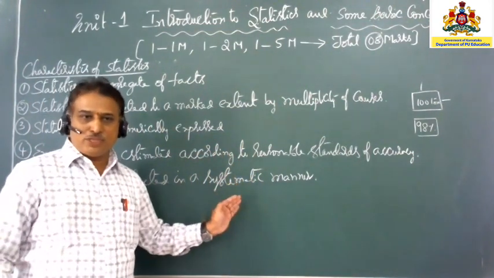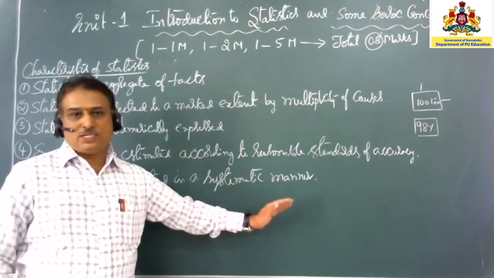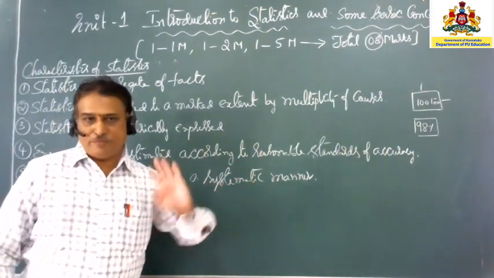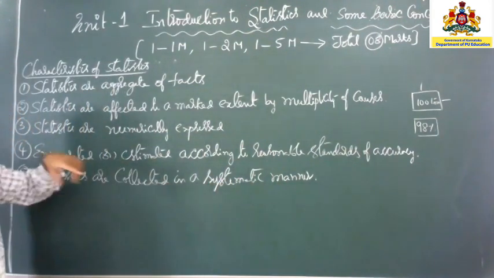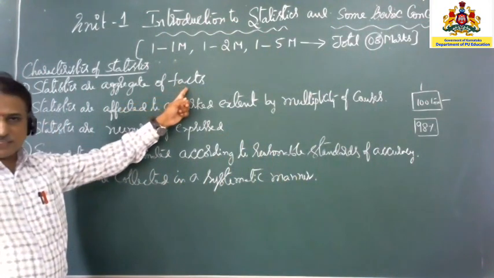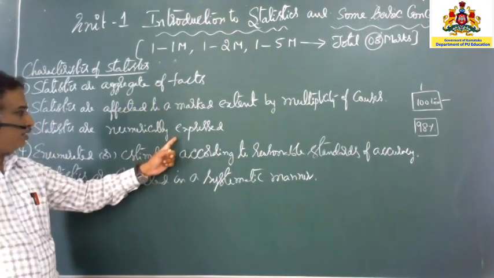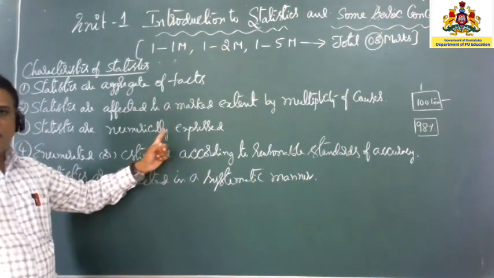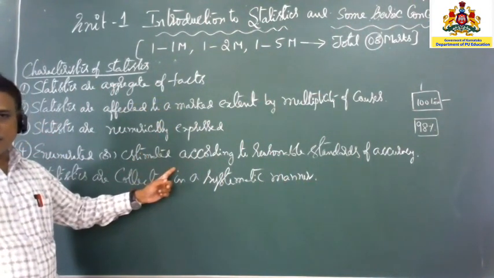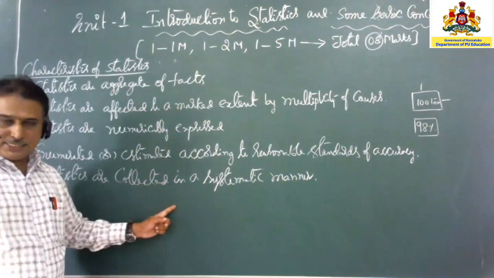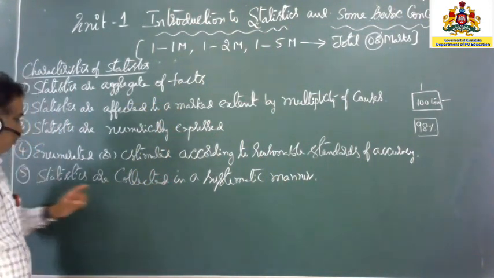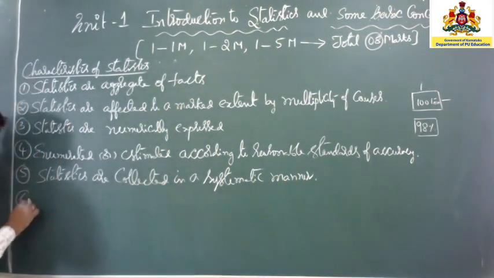It should be linked from one concept to another concept. Like that, you have to collect the information. Statistics means aggregate of facts, marked extent by a multiplicity of causes, numerically expressed, enumerated or estimated according to reasonable standards of accuracy, collected in a systematic manner.